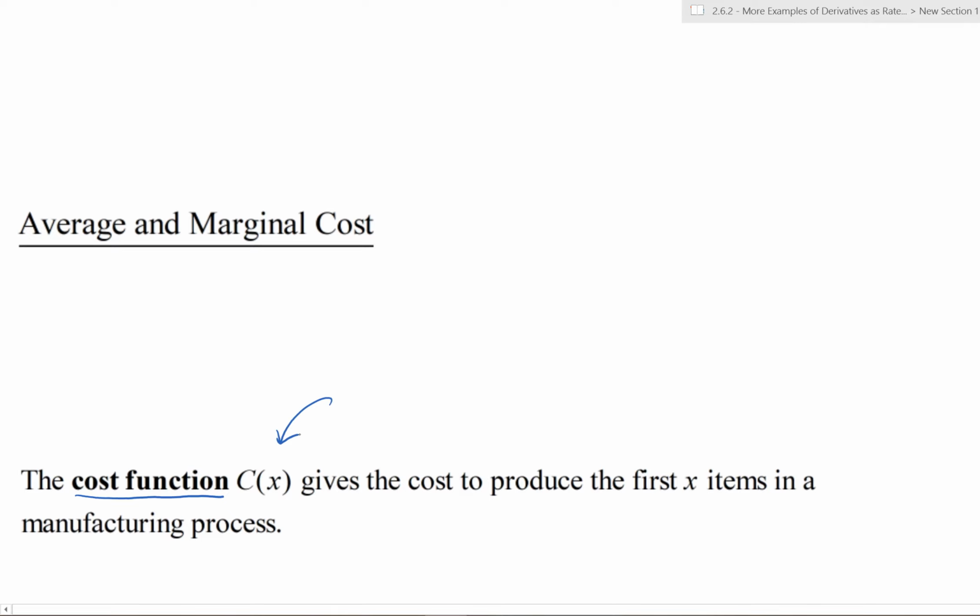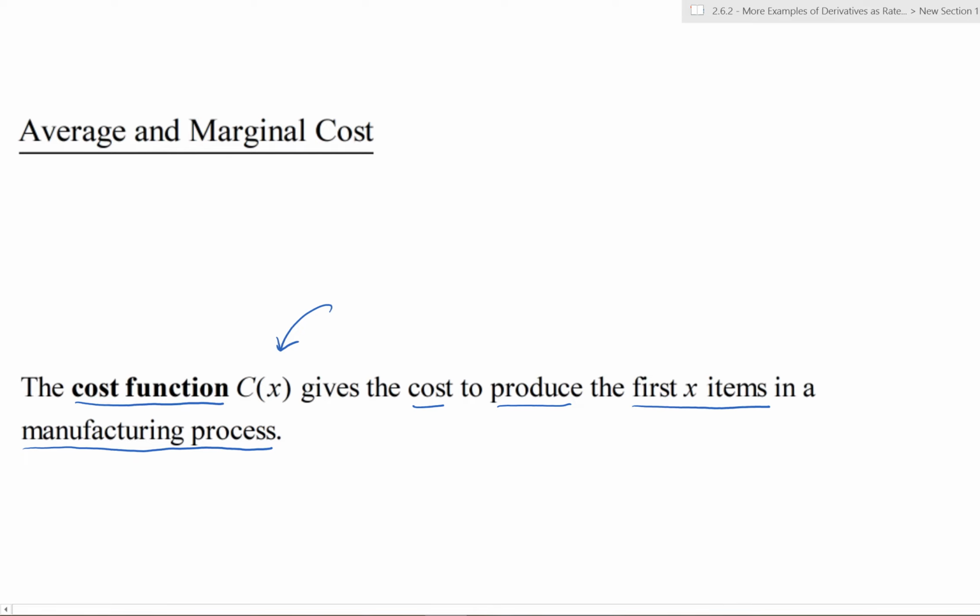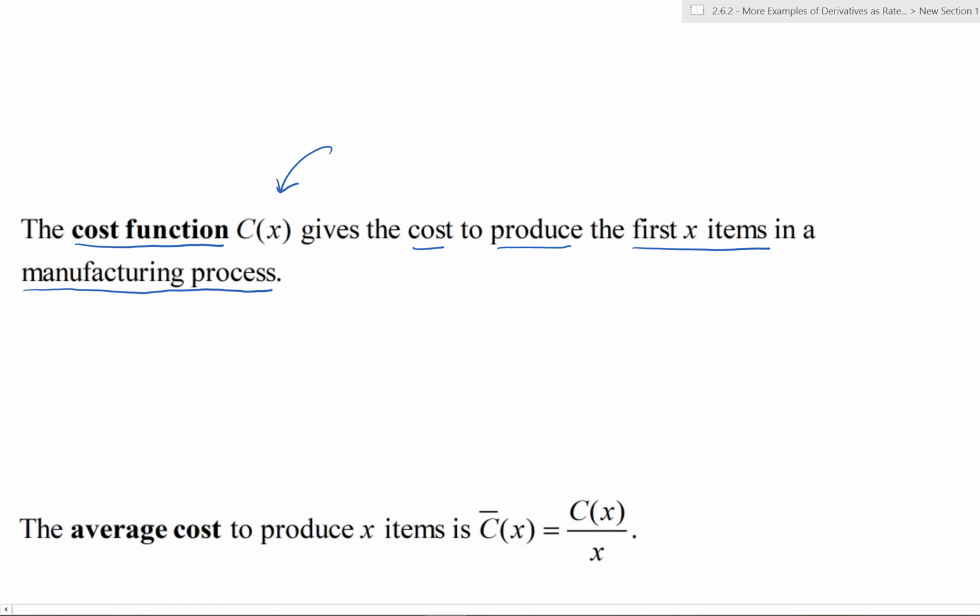Let's say this cost function gives the cost in producing the first, say, x items, whatever they might be, in some type of manufacturing process. So there's some company producing x numbers of things, and C of x tells us how much that cost. Cost function, cost depending on x.